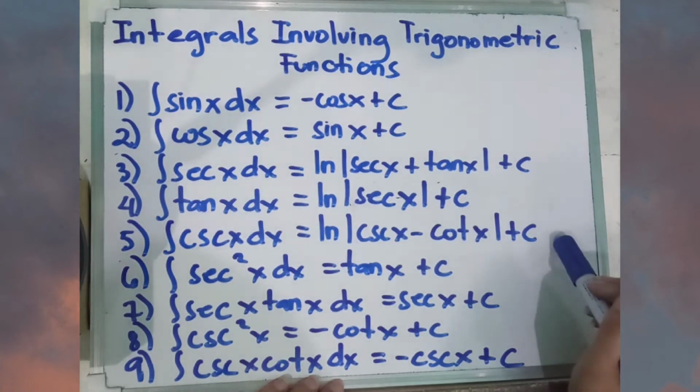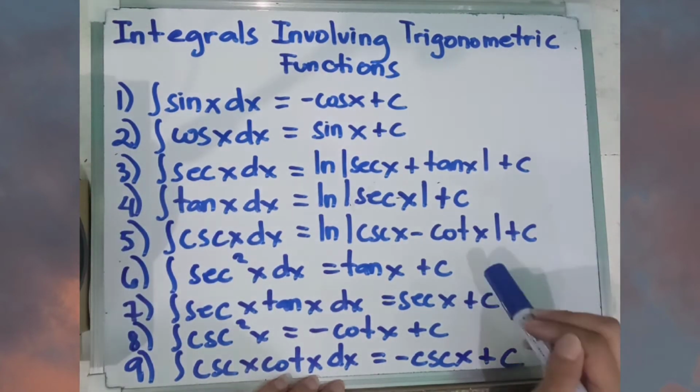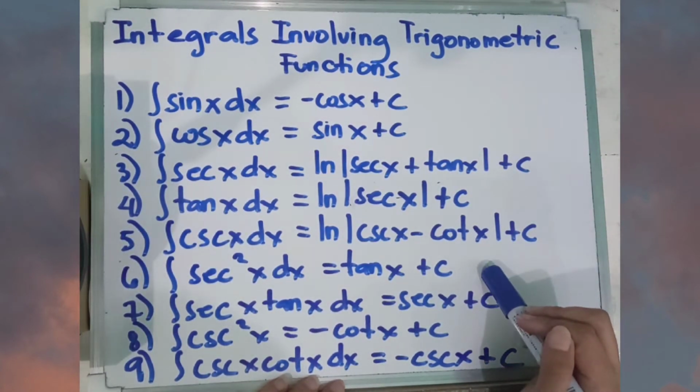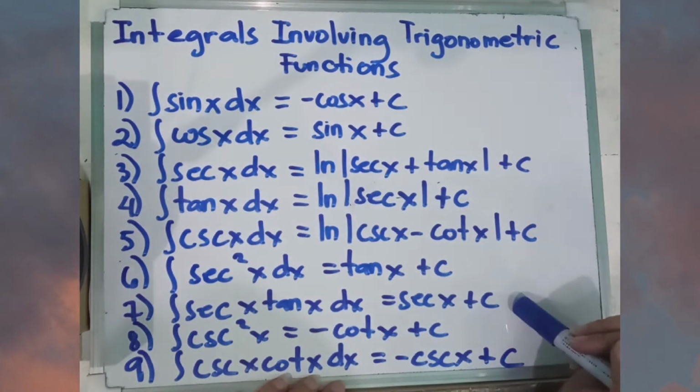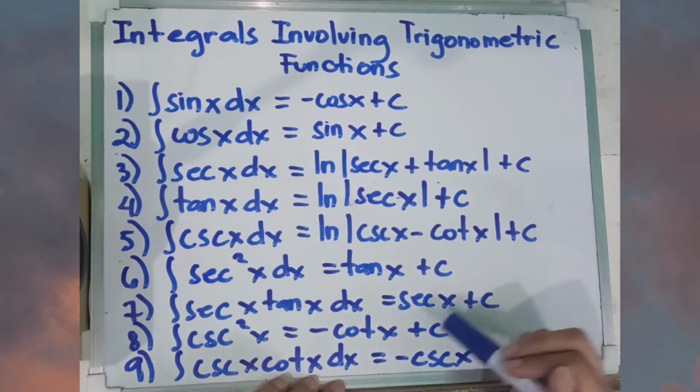Fifth, the integral of cosecant x dx is equal to the natural logarithm of the absolute value of cosecant x minus cotangent x plus c. Number 6, the integral of secant squared x dx is equal to tangent x plus c. 7, the integral of secant x tangent x dx is equal to secant x plus c.